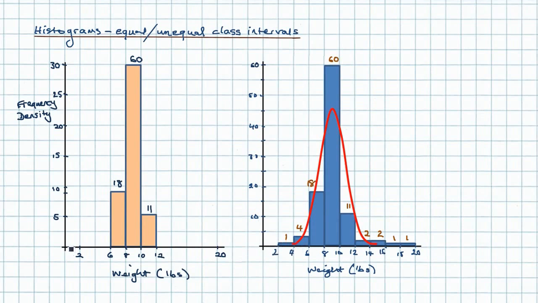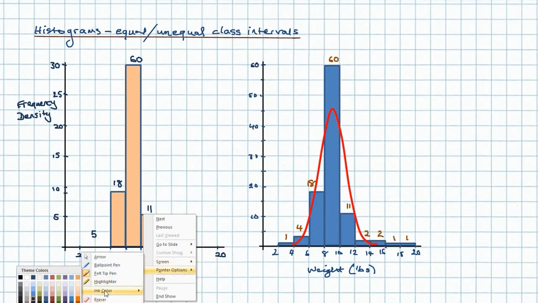Let's start with this one here. So between 2 and 6, our width then is 4 now. So we've got a width of 4, and we've got to get an area of 5 because our frequency is 5. So 4, let's just do a little calculation. I'll do it in a different colour so we don't get confused.